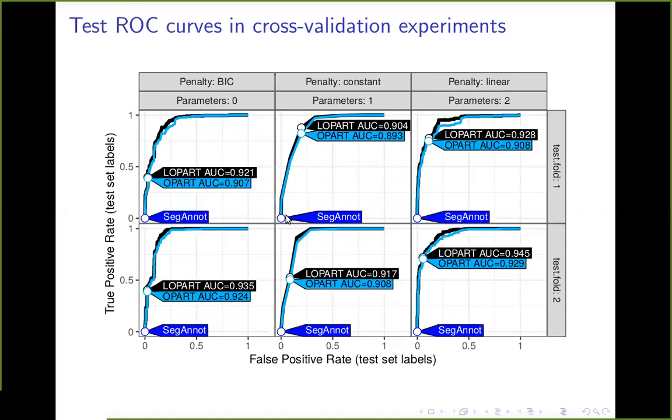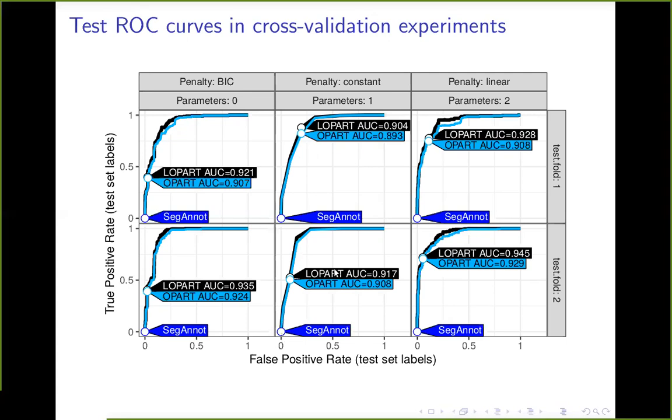So the Segano algorithm corresponds to 0 false positive and 0 true positive in every test set because it's never predicting any change points in the test regions, right? And it doesn't have any penalty parameter to vary, so it's just one dot right there at 0, 0.